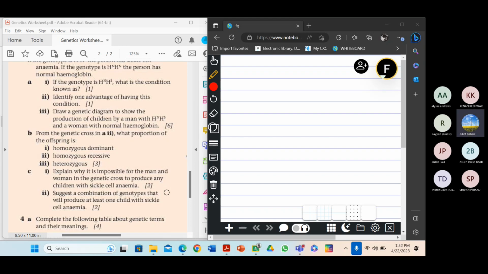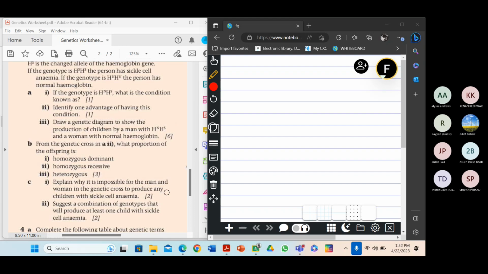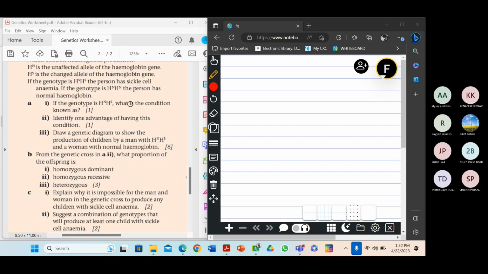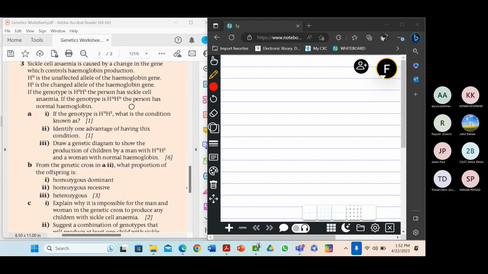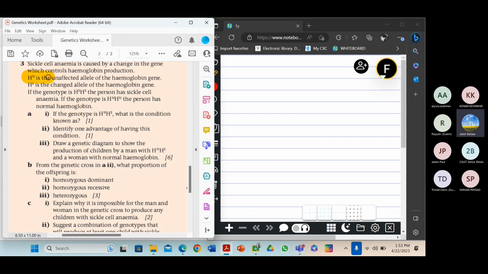All right, so I'm going to start correcting this one. Sickle cell anemia is caused by a change in a gene which controls hemoglobin production. So they're giving you capital N as the unaffected allele. Capital S is the changed allele of the hemoglobin gene.